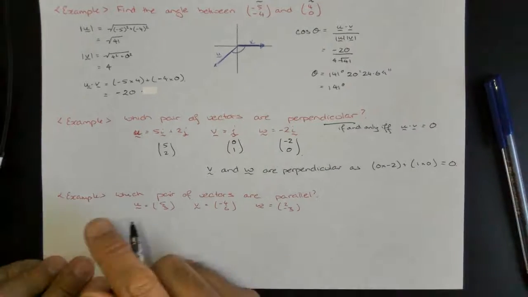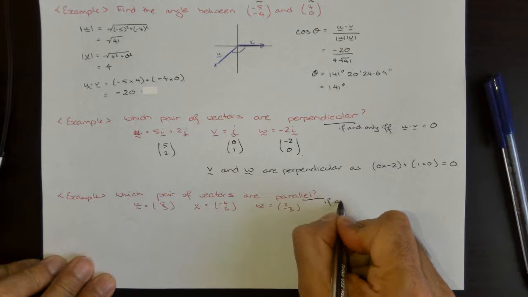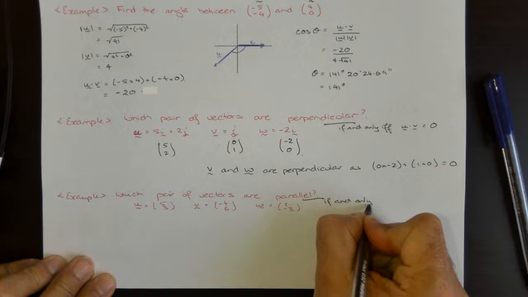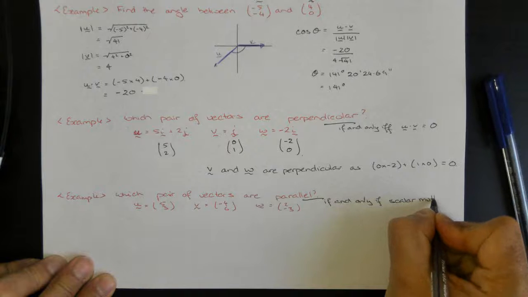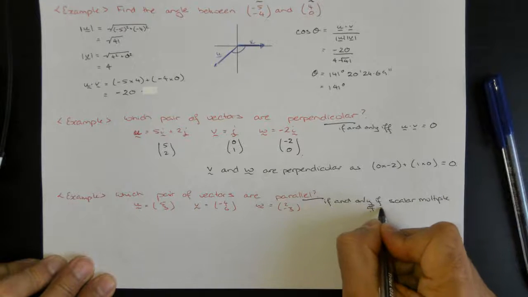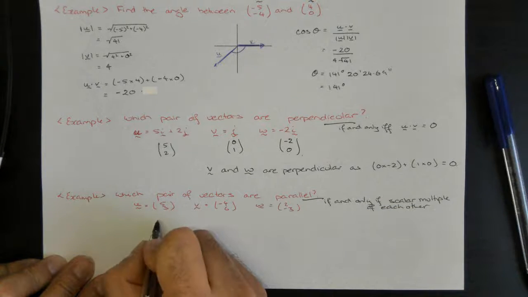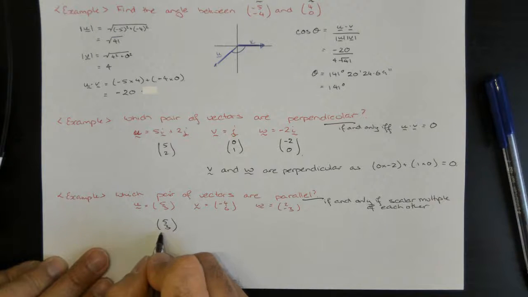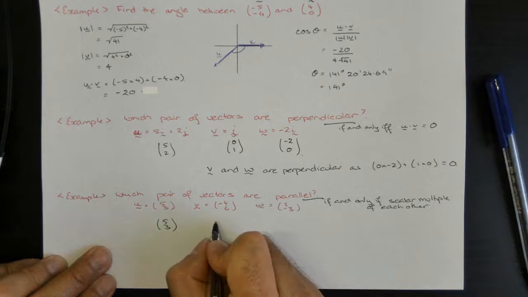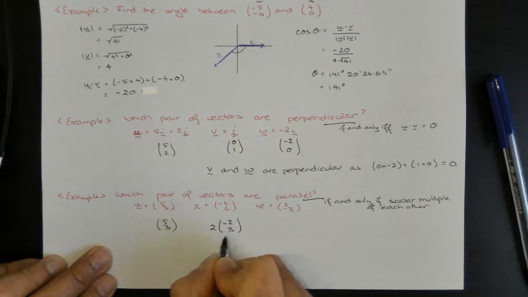Okay, so which pairs of vectors are parallel? They're parallel if and only if they are scalar multiples of each other. So what I'll do is write these in component form. So we get 5 root 3, 5 and 3. So there's no common factors. But this one, negative 4, 6, has a common factor of 2. So I can take out 2 on the outside.